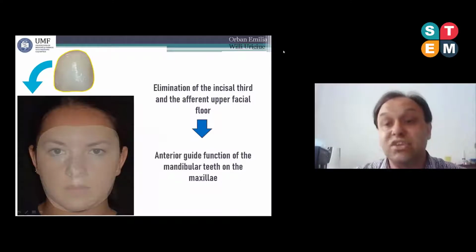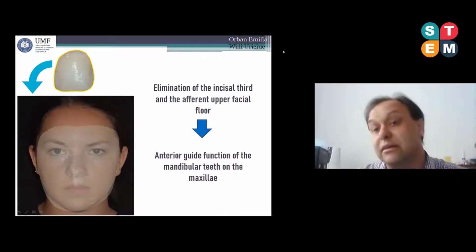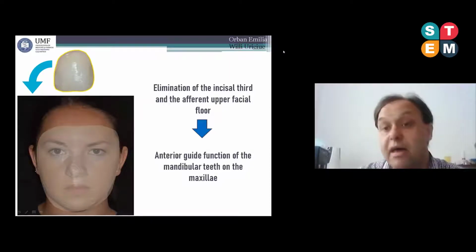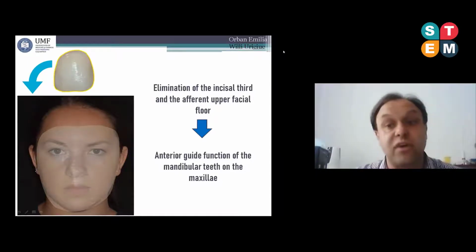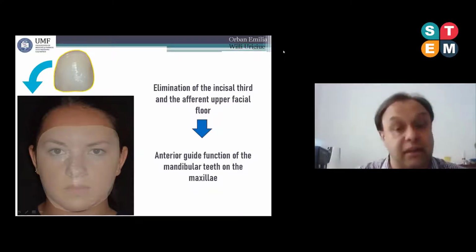We have an incisal edge that is functional with the mandibular antagonist. But we can reconstruct from the wrapper of the face the shape and the volume of the tooth for edentulous patients.